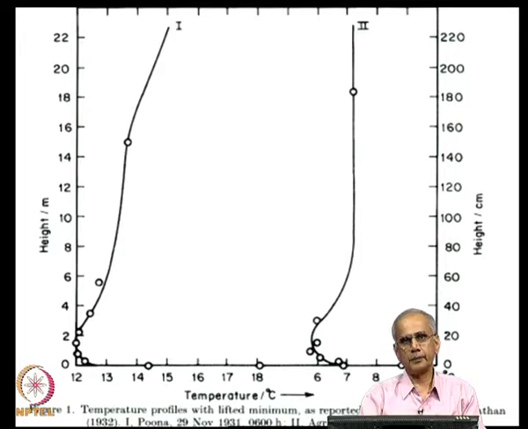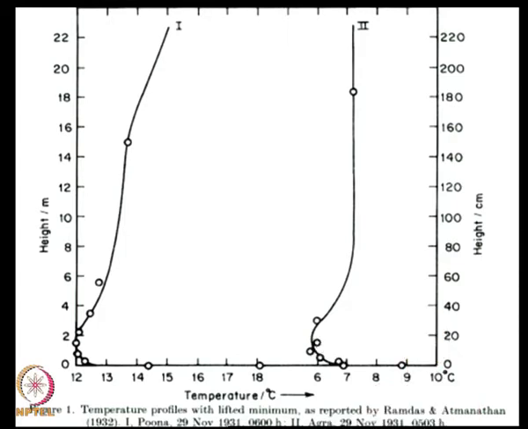And this caused a great surprise when it was first published, because people asked how come the ground is warmer than the air when the ground is such a good emitter. Why is it not able to cool rapidly to very low temperatures? And this behavior is not seen on all days.